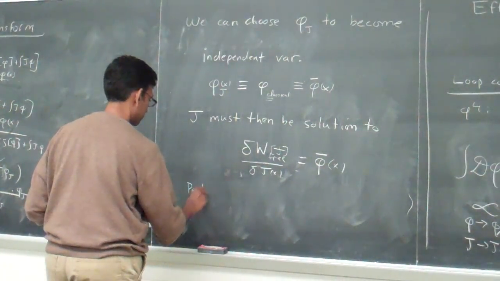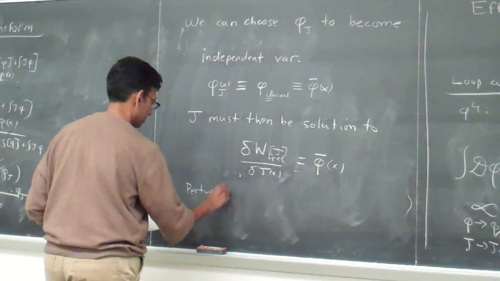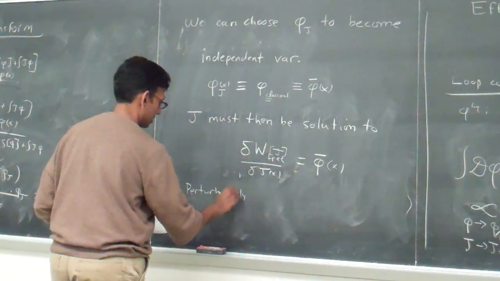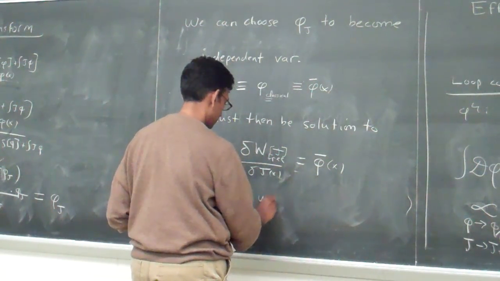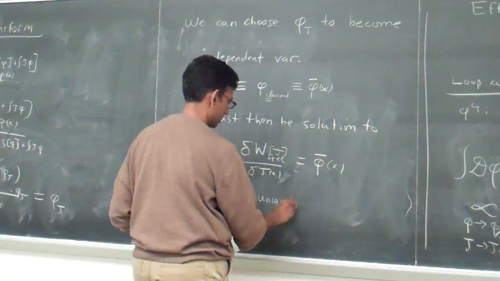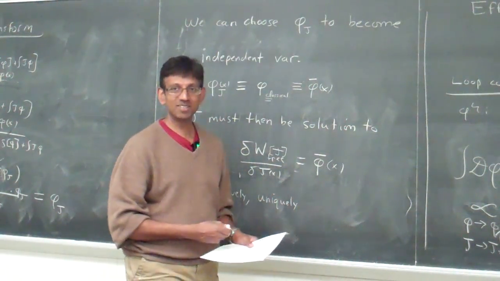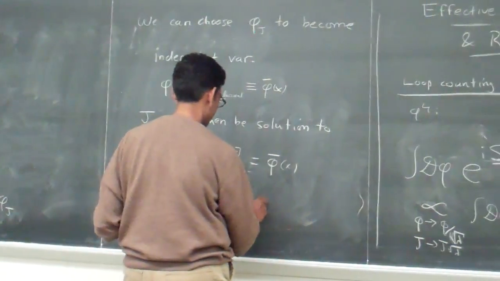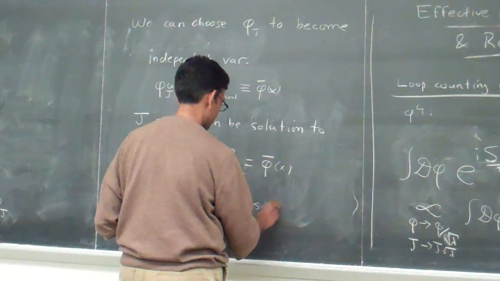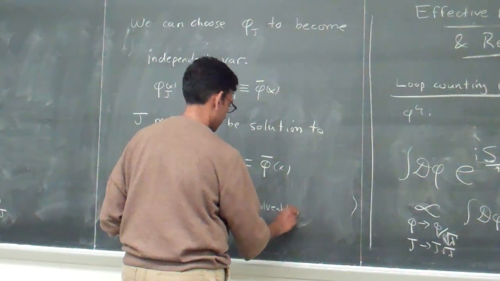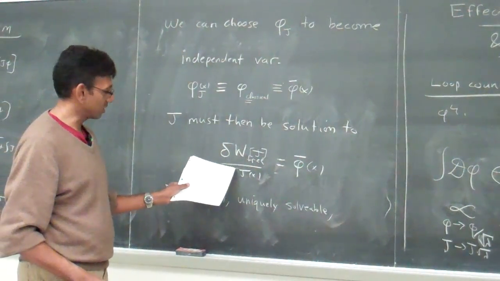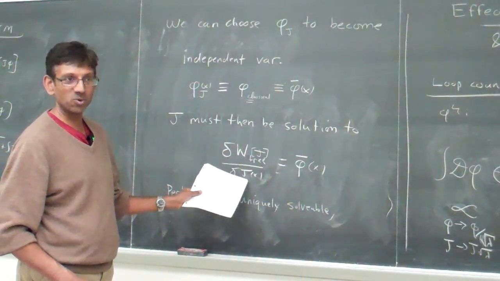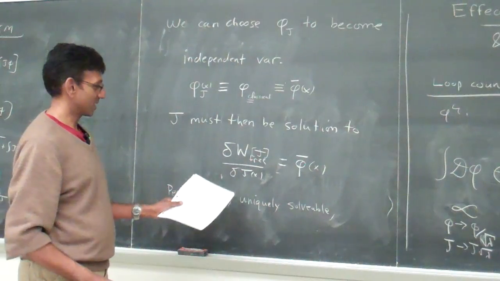Perturbatively, which is all we ever do in this class, this is uniquely, and I think in general it's believed, uniquely solvable. Because what is the form of this equation? In free field theory, all of us know what W tree is.